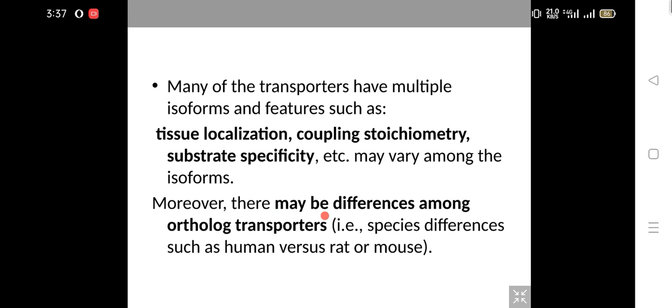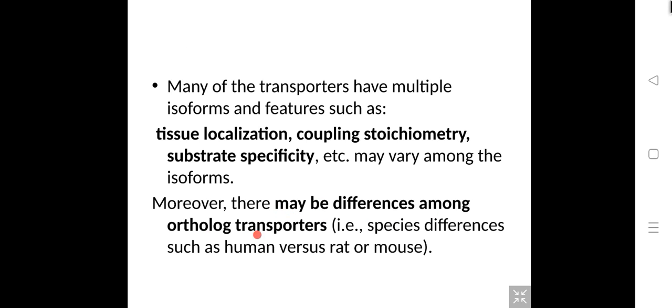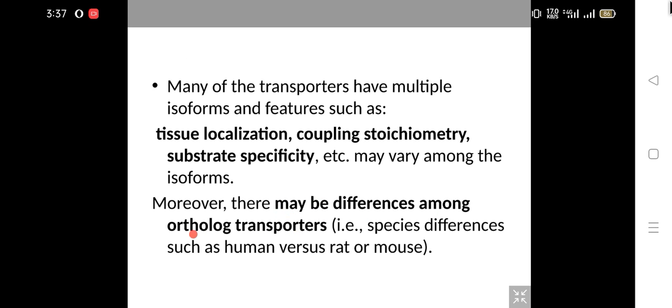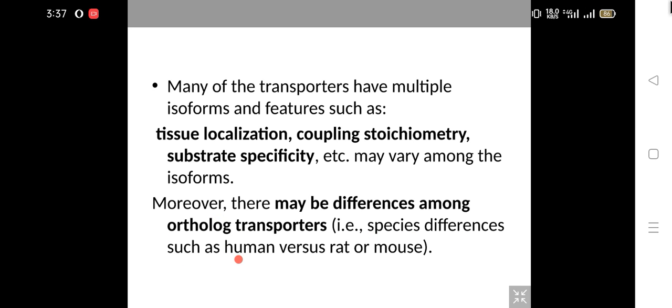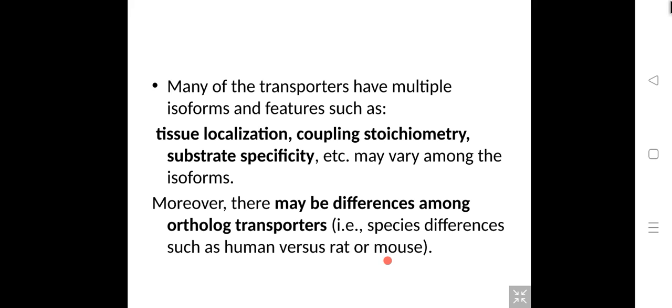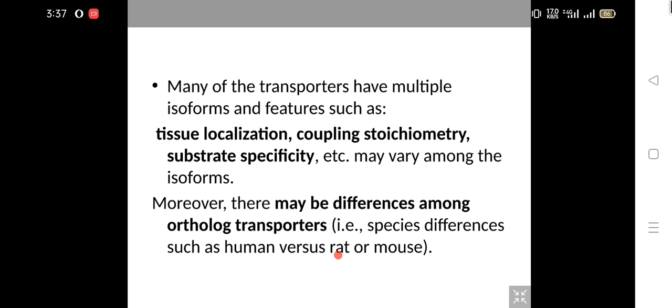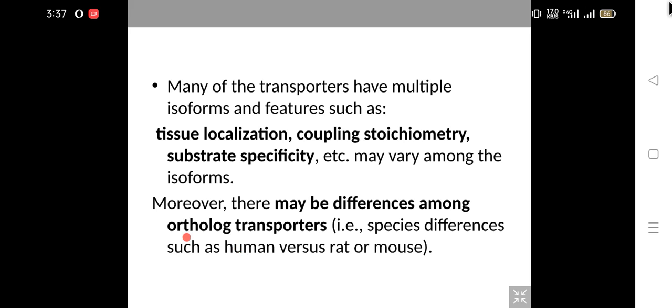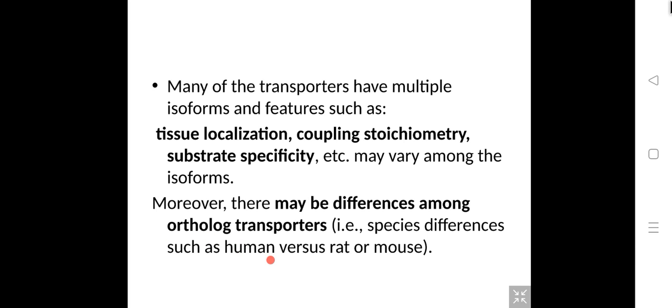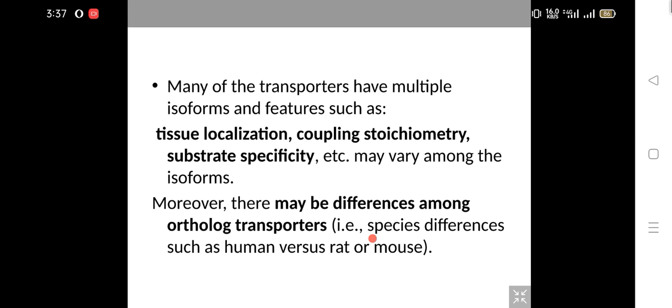Moreover, there could be differences among ortholog transporters, and orthologs, of course, as you probably know, are species differences such as humans, rats, and mouse. Why is this important? Many of you might end up in research and you would need to know that orthologs are differences in the same thing which would be found in the human or the rat or the mouse. So don't go out there and appear like we never taught you.